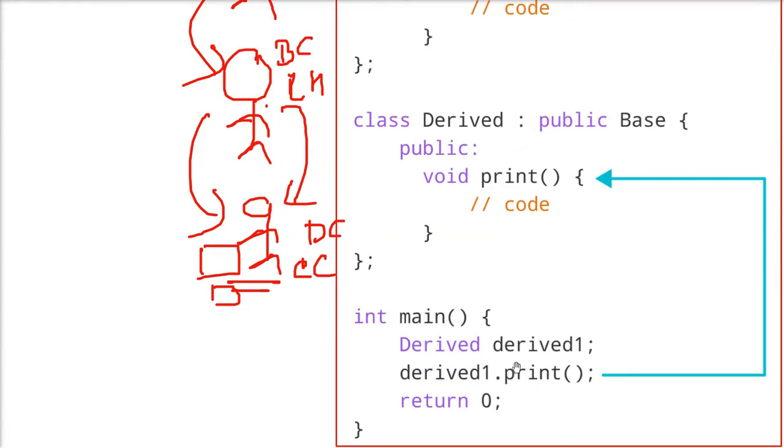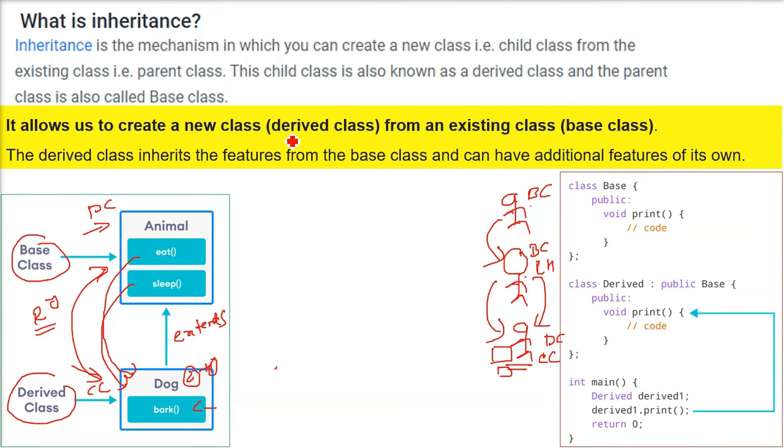Okay, so I'm just giving an example of function overriding. How do you make it? If you really have to call the derived class function print, then you have to make the base class print function as virtual.